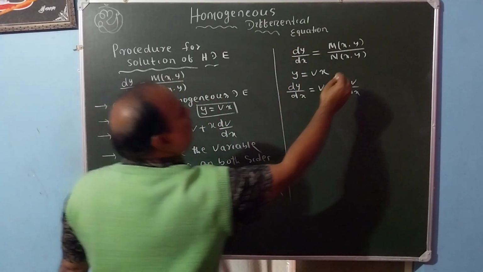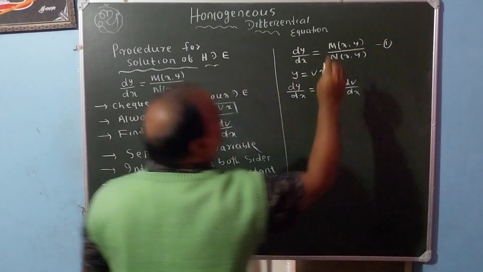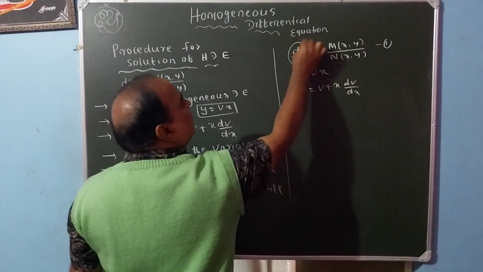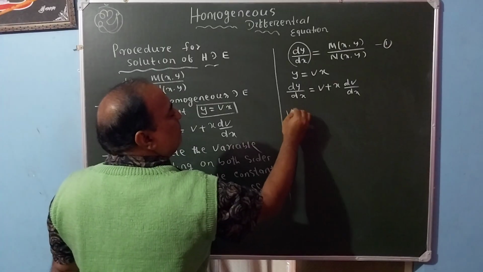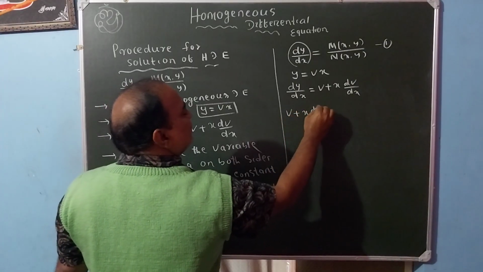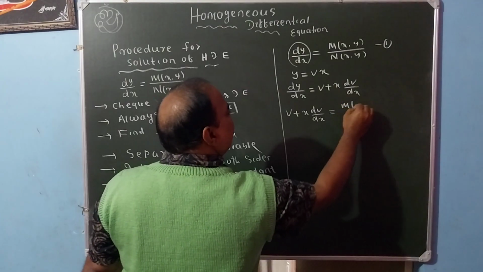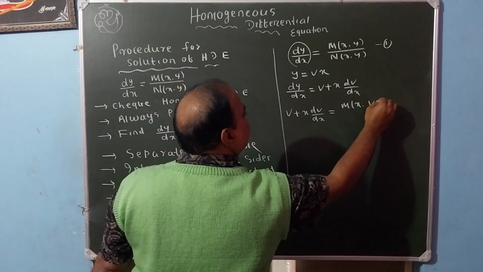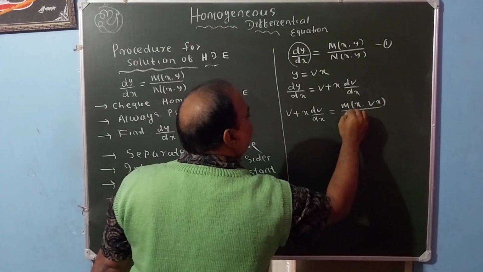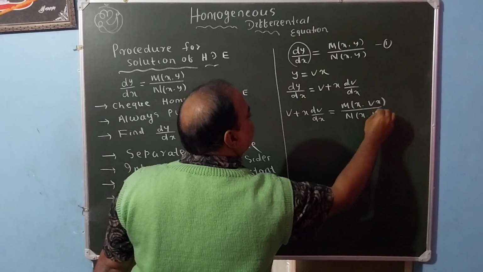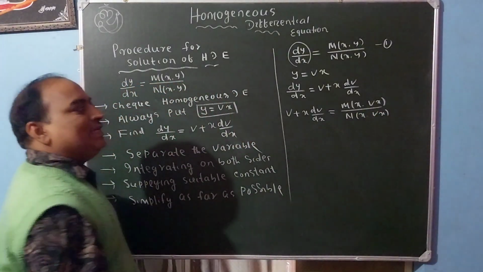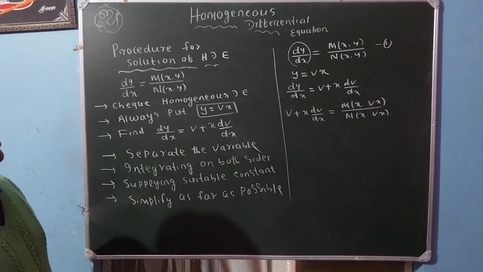Putting this in equation 1. So in place of dy/dx you have to put v plus x dv/dx is equal to M(x, vx) divided by N(x, vx). In place of y always put vx.